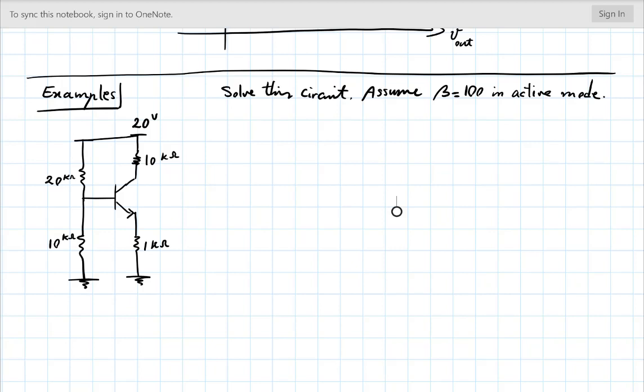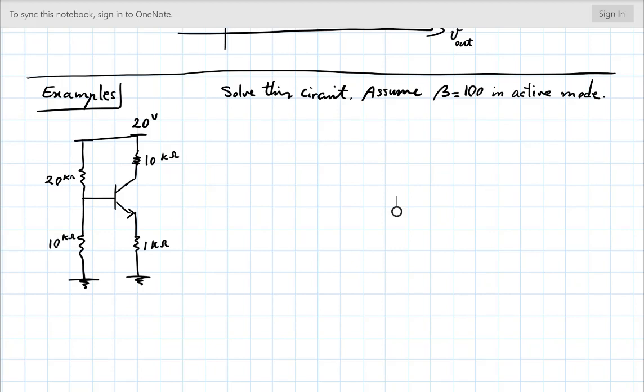And we saw how, depending on the value of the input voltage, the transistor could be active or saturated, right? This is very similar to that, except that we haven't connected a voltage source directly to the input. I have put two resistors like that, not in series, but they're connected to the base.